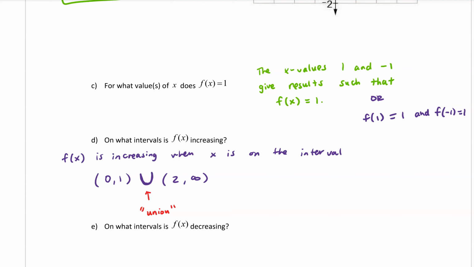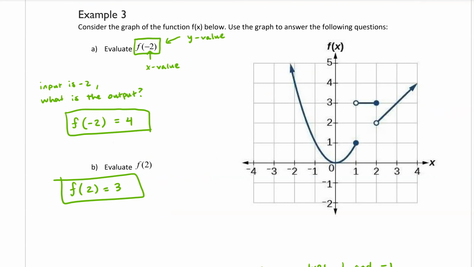Part E asks us on what intervals is f of x decreasing. So now I'm going to highlight on my graph the function's decreasing as we read from left to right if the y values are going down. So that's happening here, basically everywhere before x is equal to 0. So let's think about how we want to write that in a sentence.